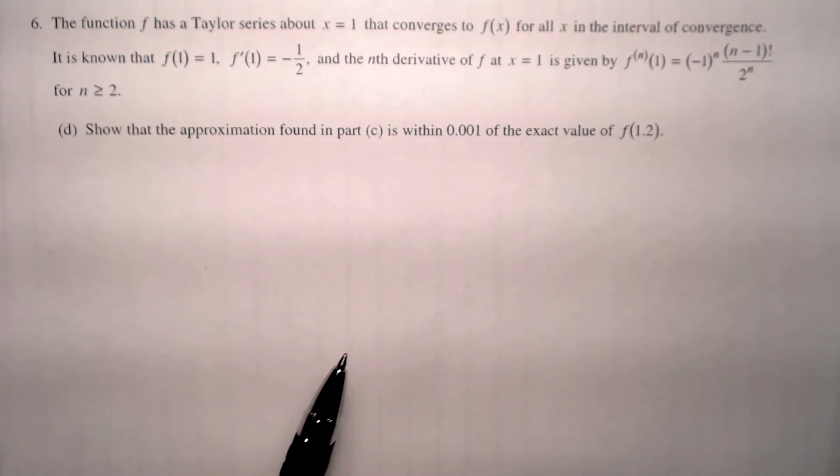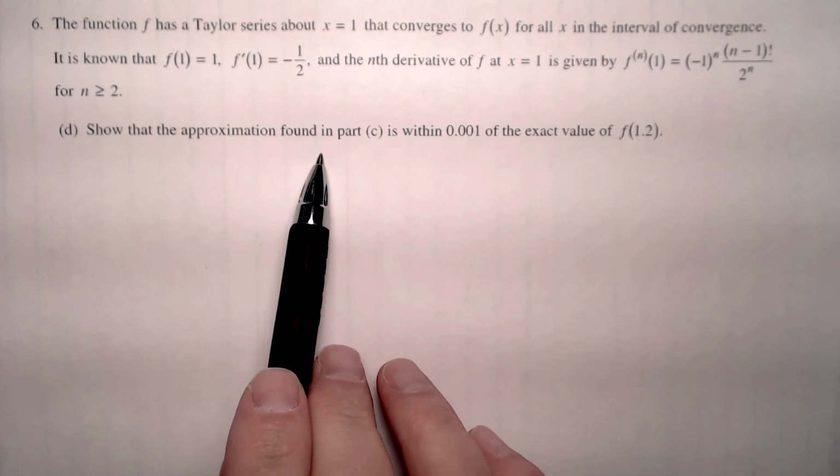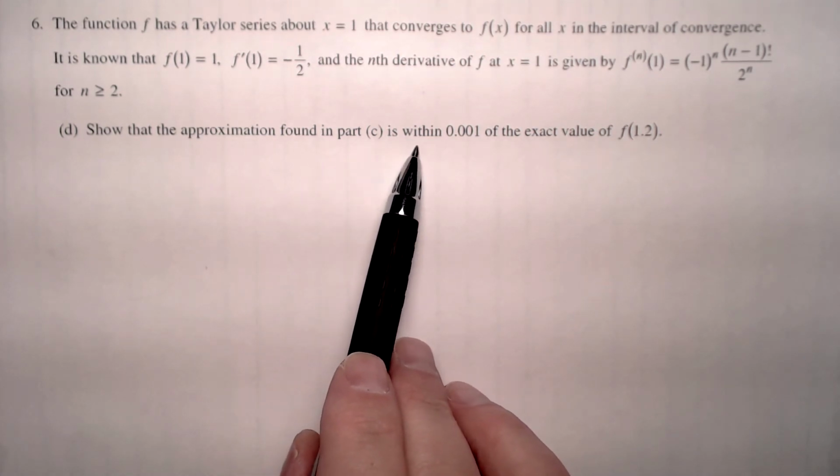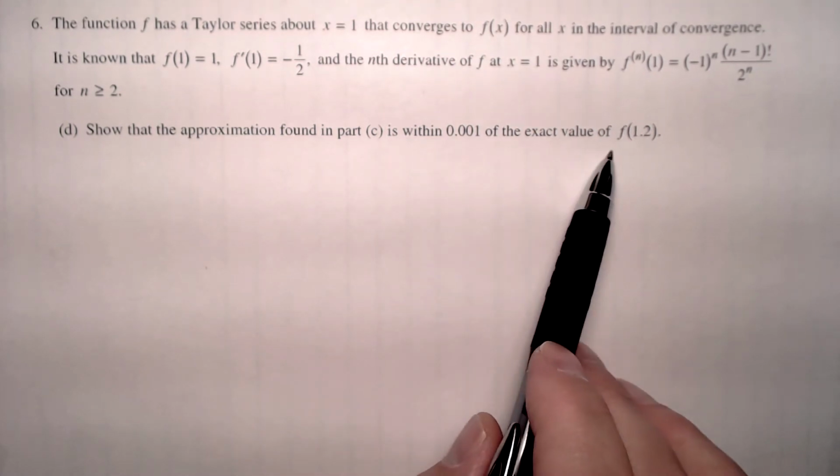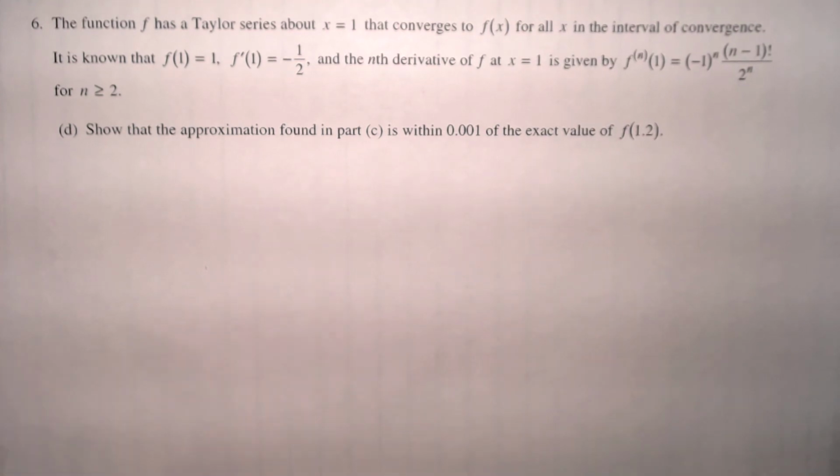In this part of the question, we need to show that the approximation that we just found in part C is within 1/1000th of the exact value. And so because this is an alternating series, the error of the approximation is given by the absolute value of the next term that is not included.